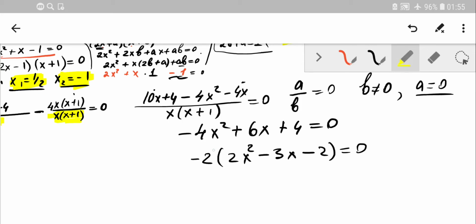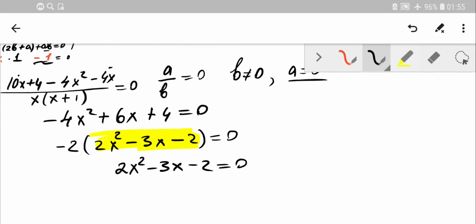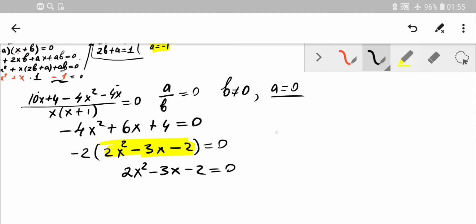Now, according to the null factors theorem, we know that -2 is never 0, and only the expression in the brackets can be 0. So I'll get 2x squared minus 3x minus 2 equal to 0, and now we need to solve that. In this case I will use the discriminant, so the quadratic formula is in play.